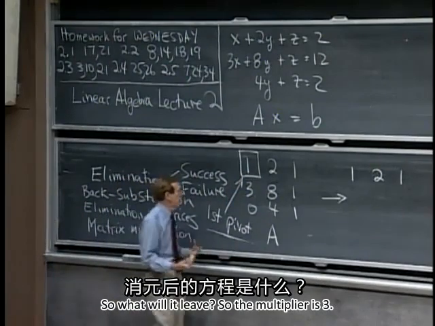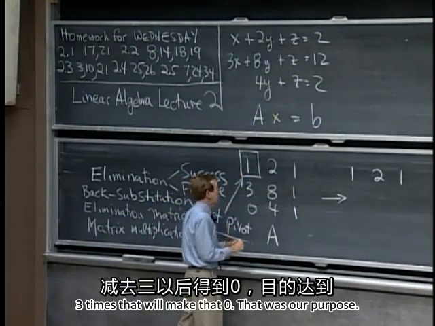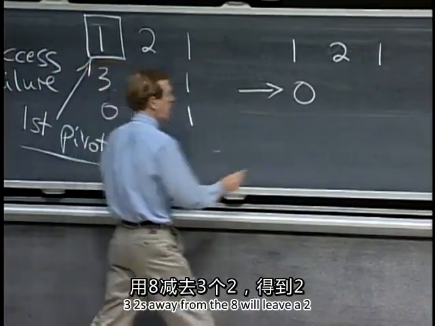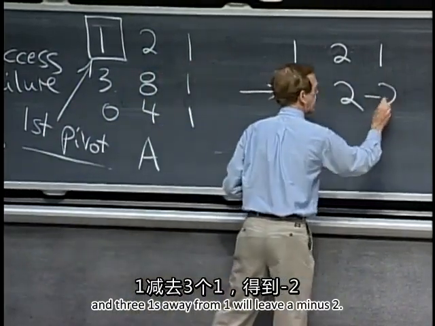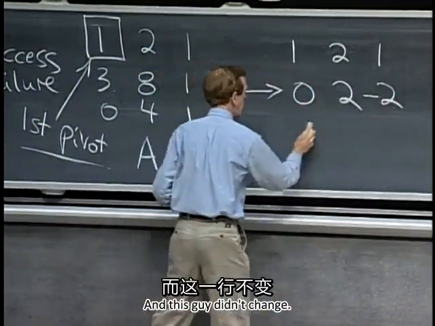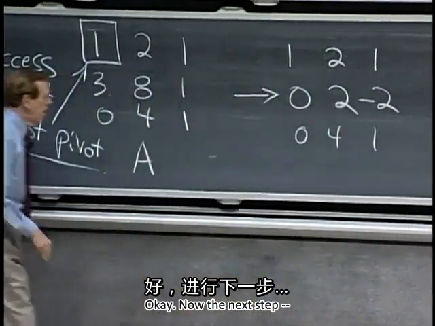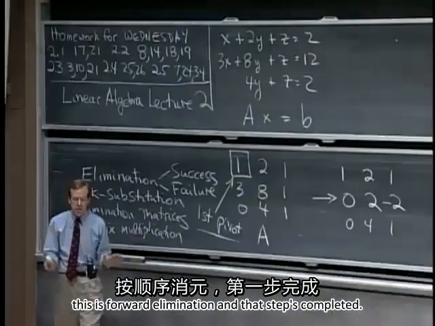So the multiplier is 3. 3 times that will make that 0. That was our purpose. 3 2s away from the 8 will leave a 2, and 3 ones away from 1 will leave a minus 2. And this guy didn't change. Okay. This is forward elimination, and that step's completed.